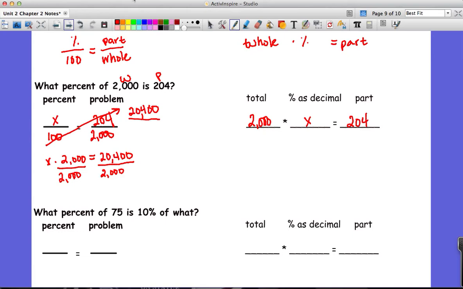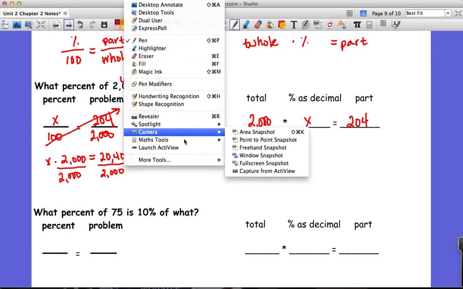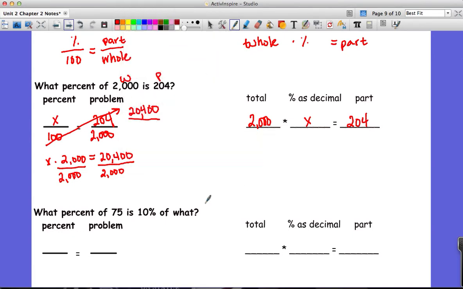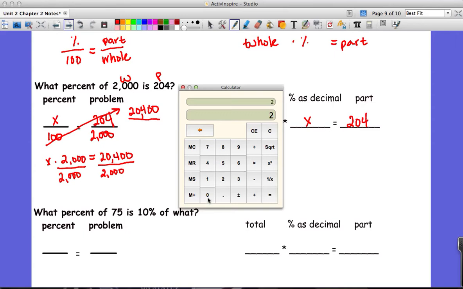Now just to make this go a little faster, I'm going to use the calculator. 20,400, which I got by doing 204 times 1 is 204, then add the 2 zeros to the end. Now I divide it by 2,000. So x has to equal 10 and 2/10.